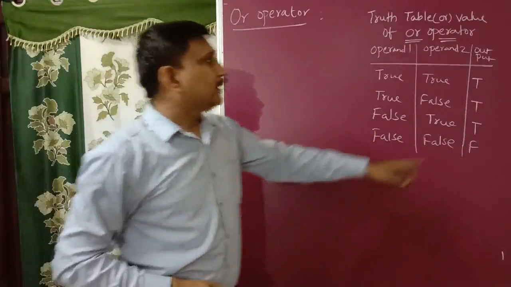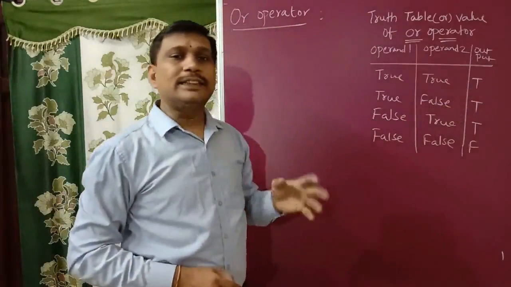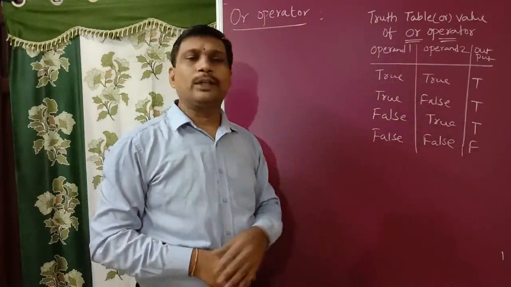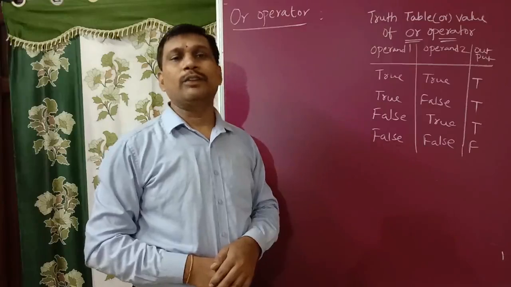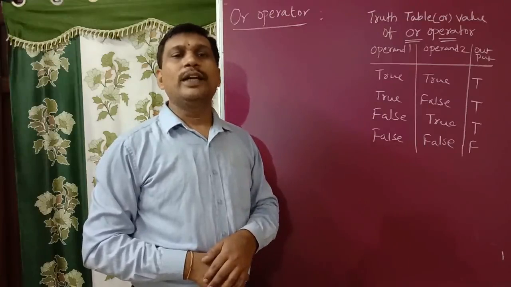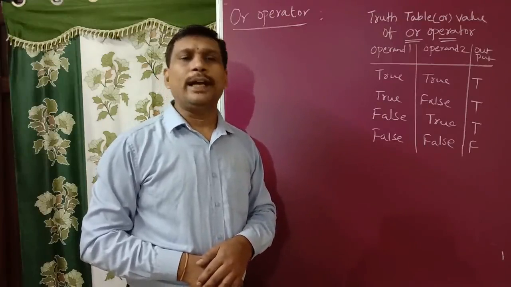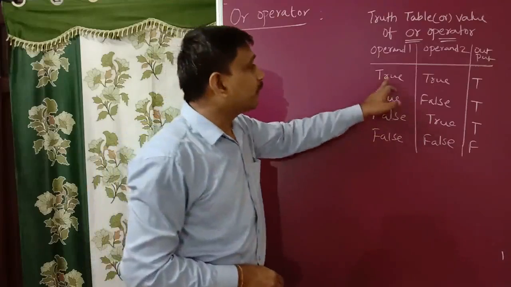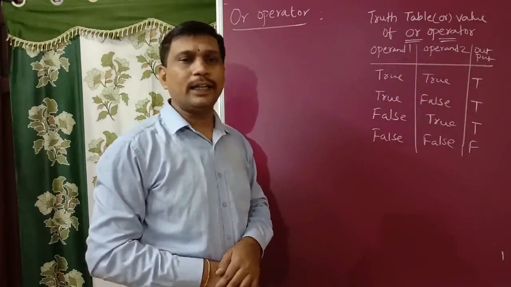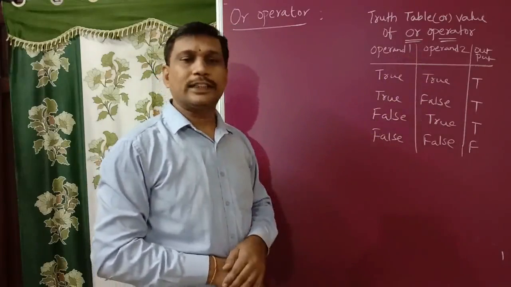When we consider the or operator, it takes two or more operands when you use it in programs. Taking two operands with the or operator, the output is constructed like this.